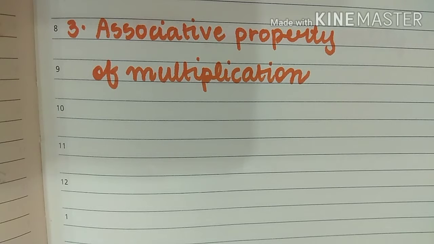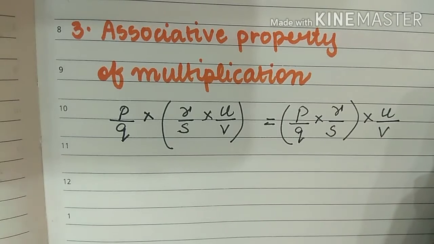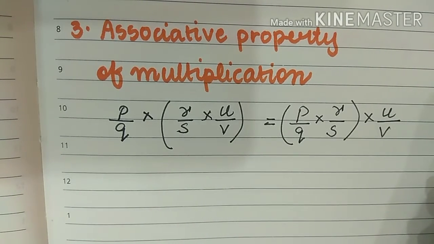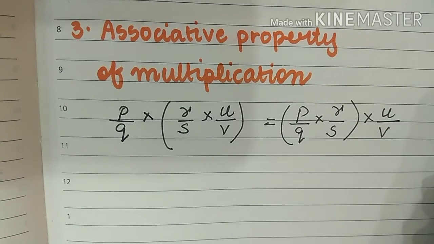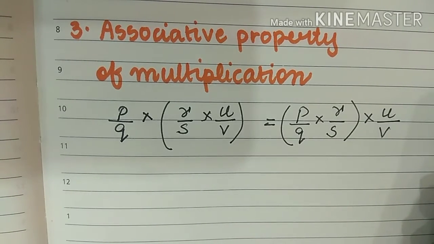For any three rational numbers, P by Q, R by S and U by V, (P by Q into R by S) into U by V is equal to P by Q into (R by S into U by V).